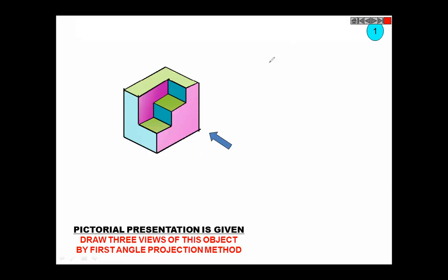Draw it fast, and I will show you the solution. We'll take a few examples of these, and then we will shift over to the current topic. You match your solution, what you have understood, with what I will show you, and this is how you will learn this.